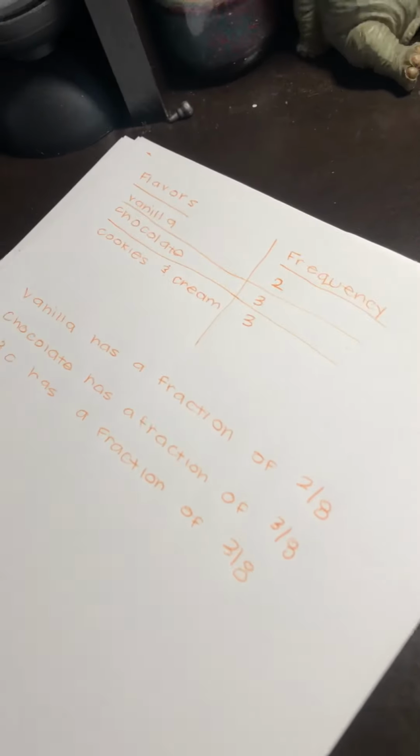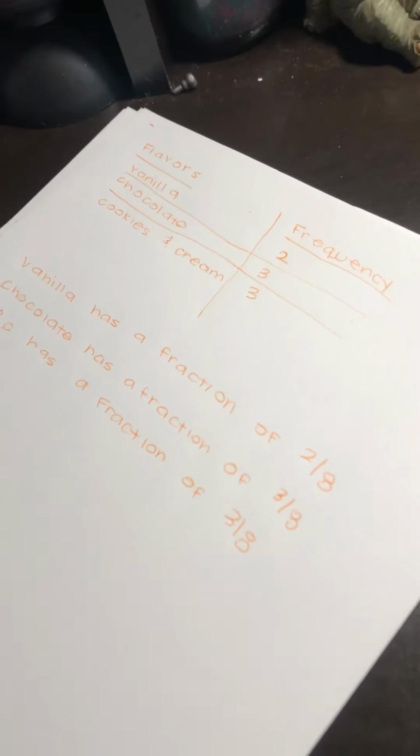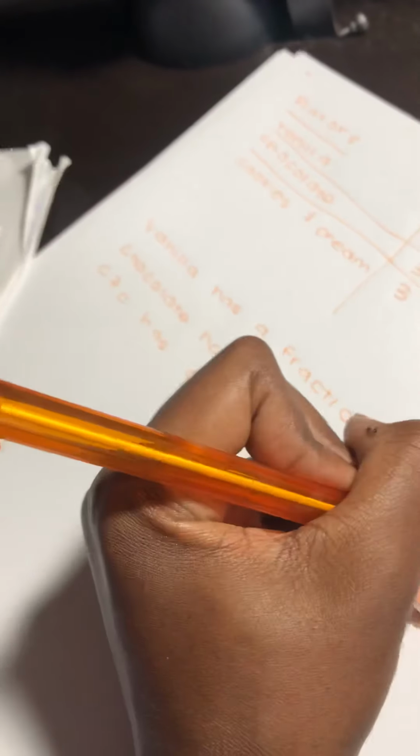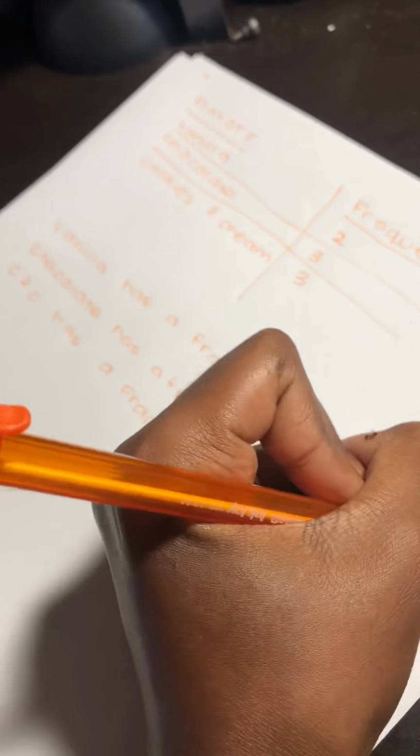And you can use a calculator for this by dividing 2 divided by 8 is 0.25. Move the decimal 2 places, and then you get 25%. 3 divided by 8 is 0.375.